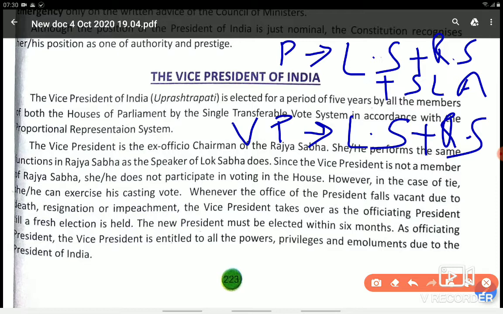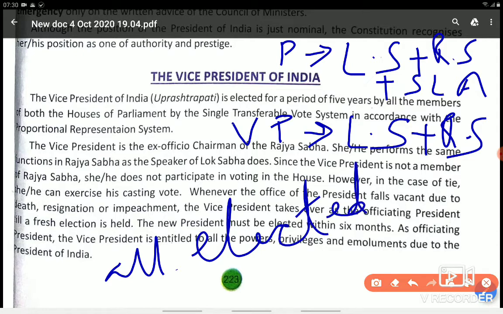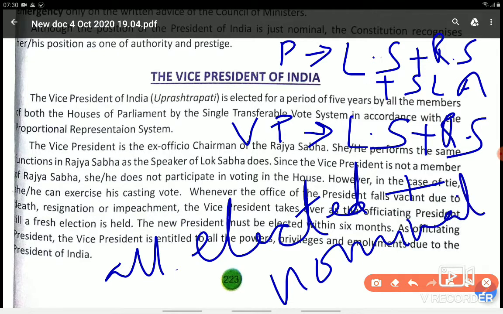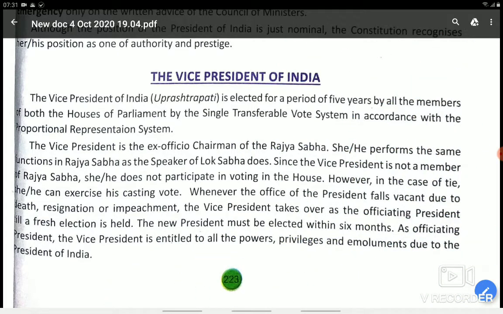But in the case of the vice president, all the elected plus nominated members of Lok Sabha and Rajya Sabha participate in the election process of the vice president. This is the second difference between president and vice president.